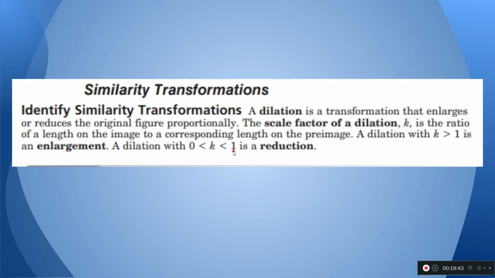Basically, anything that is a fraction, if you come up with a scale of 1/2, then you're actually making the figure smaller than what it started out with. If you have a scale of 1, then you're just copying the figure in the exact same proportions. And if it's greater than 1, 3/1, something like that, then you're actually increasing the size of the second drawing of the figure.